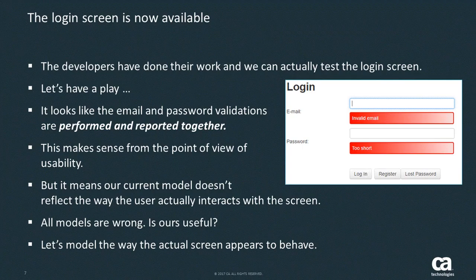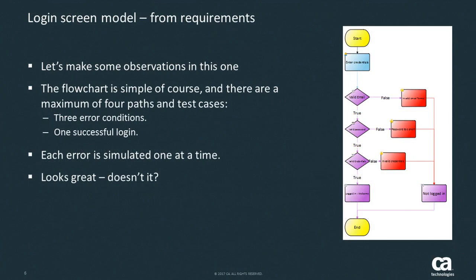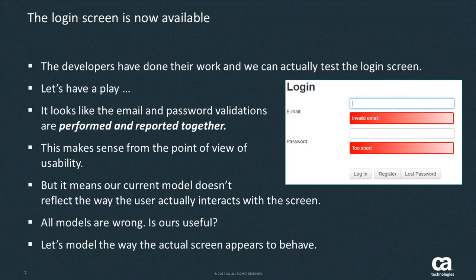Now this is not quite matched by our requirements, because if I go back a slide, you can see that we only ever get 1 error, whereas in the real system we get 2 errors at once, both the email and the password error. So perhaps we should reflect this in our model.